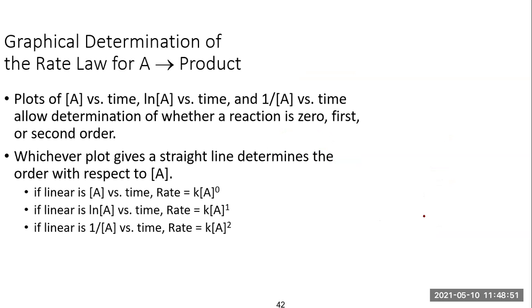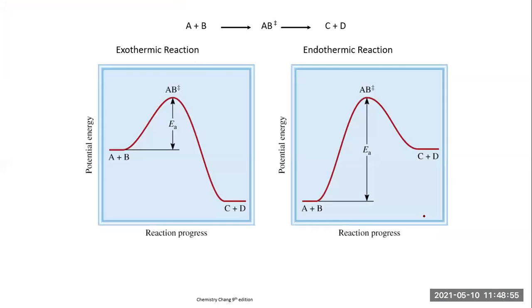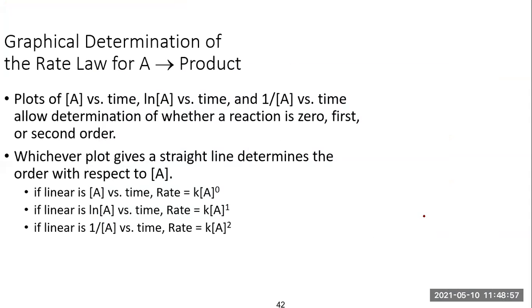And if we look at those graphs, we want to determine which one is more linear. We sometimes can do this in an experiment if you're not sure what the order is.